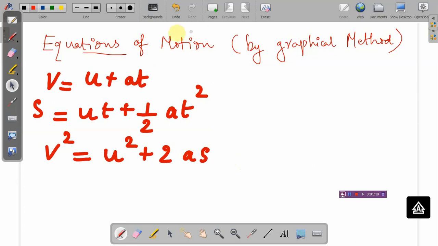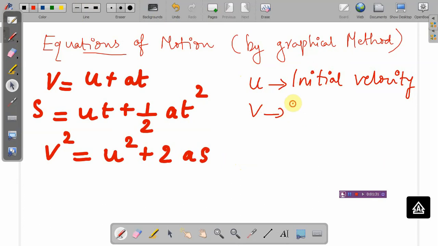Let me explain the terms first. U is the initial velocity. V is the final velocity. T is time.